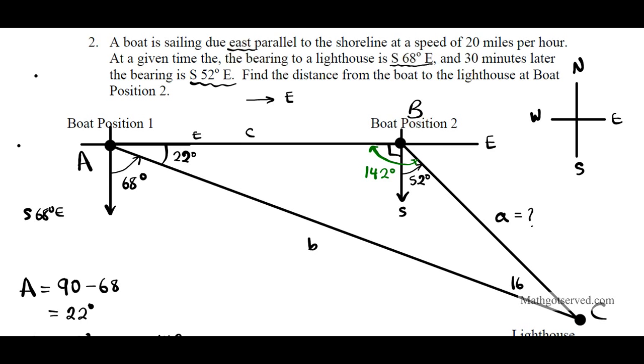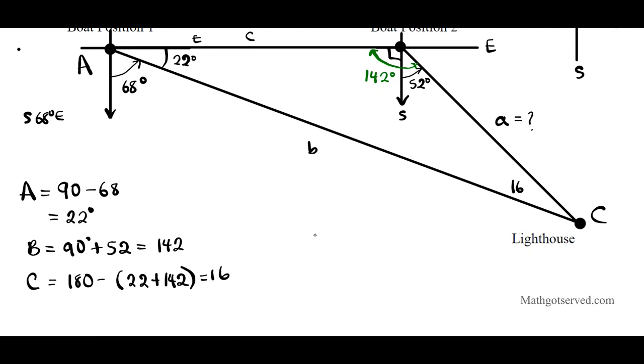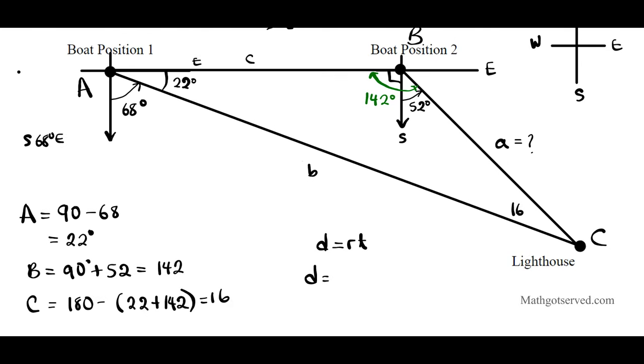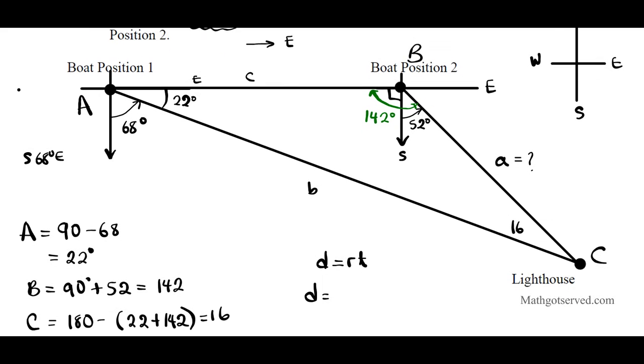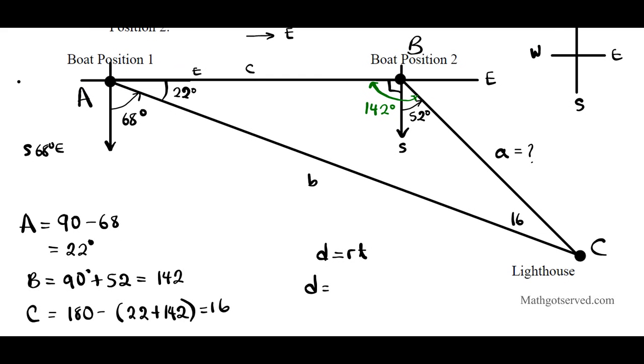Since we have a constant speed problem, we're going to use the formula distance equals rate times time, okay? So 20 miles per hour is the rate in hourly terms, times the time.